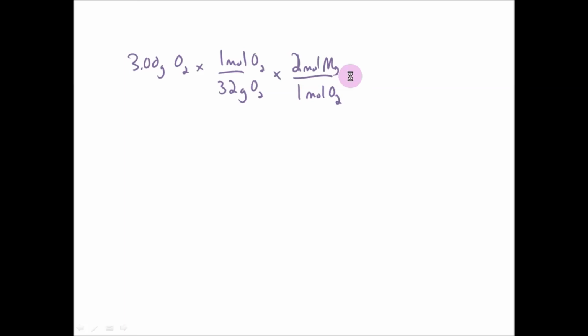And then we change this back to grams of magnesium by multiplying by the molar mass of magnesium, and that will give us the amount of magnesium that is needed to react with that limiting reactant. Plug that into our calculator, and we get 4.56 grams of magnesium solid is needed to react with our limiting reactant.